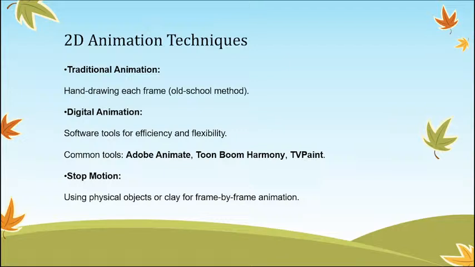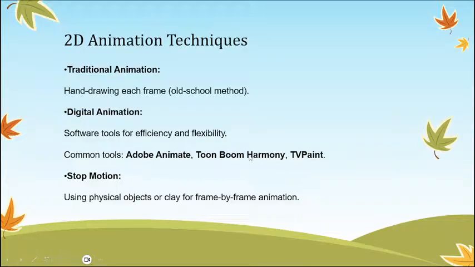Digital animation. Digital animation will use digital frames. If we give the first movement and the last movement, the in-between frames will be automatically generated by the computer. So there are some tools such as Adobe Animate, Toon Boom Harmony, TVPaint.